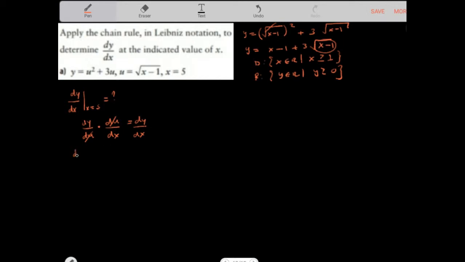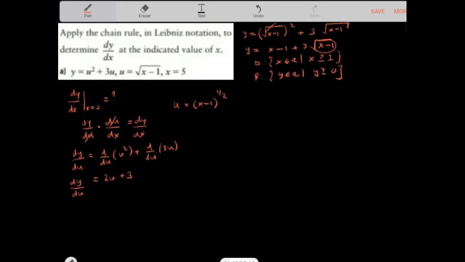Let's find the derivative of y with respect to u. This is basically the derivative of u squared with respect to u plus the derivative of 3u with respect to u, and this is 2u plus 3. So this is dy with respect to du. Next, let's look at u as a function of x. u as a function of x is equal to x minus 1 to the power 1/2.